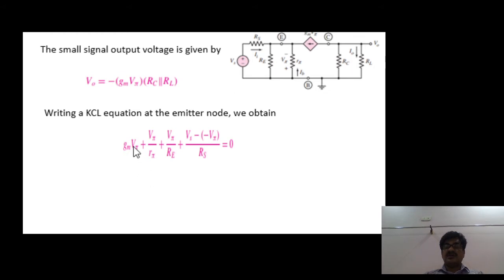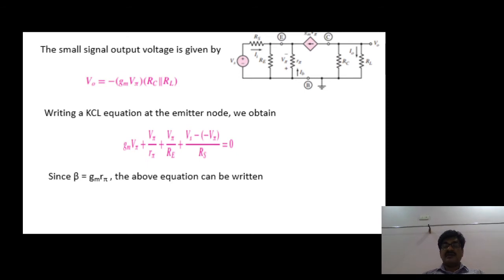Now since gm R pi equals beta, right? Gm into R pi is beta, therefore gm is replaced by beta divided by R pi in the above equation.